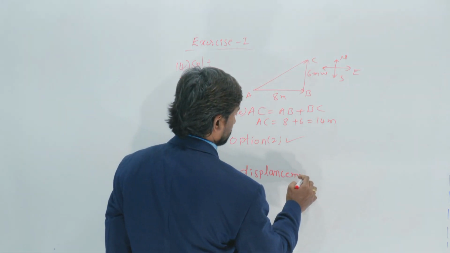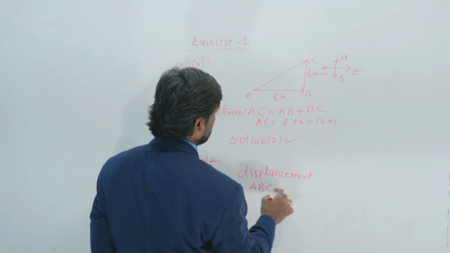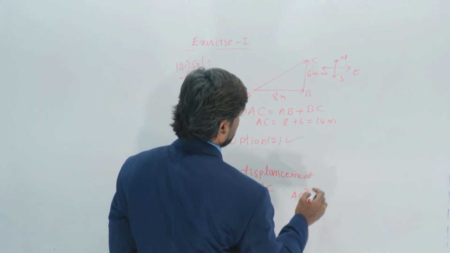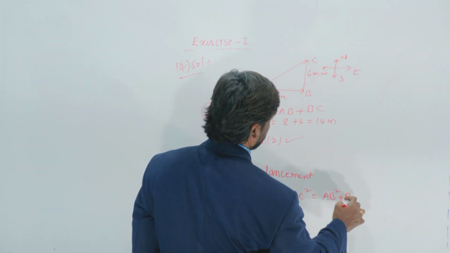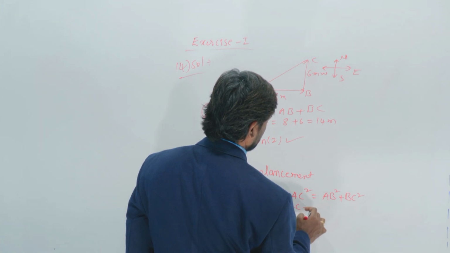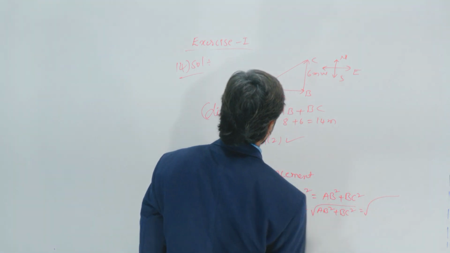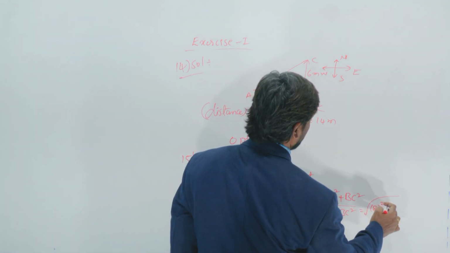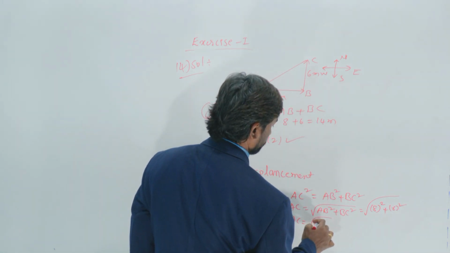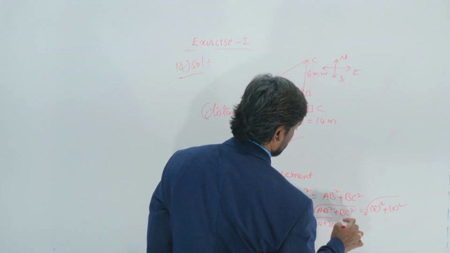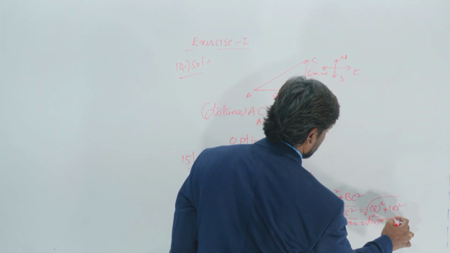To find the displacement from the triangle, from the above diagram ABC, hypotenuse square is equal to AB square plus BC square. So AC is equal to the square root of 8 square plus 6 square, which is 64 plus 36, so we get 100. 100 is 10 square, so AC is 10 meters.